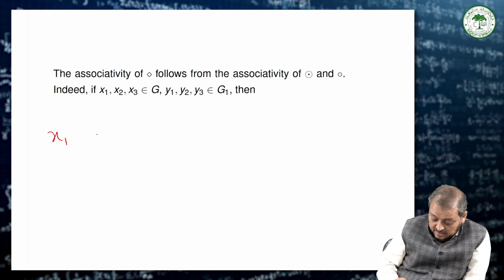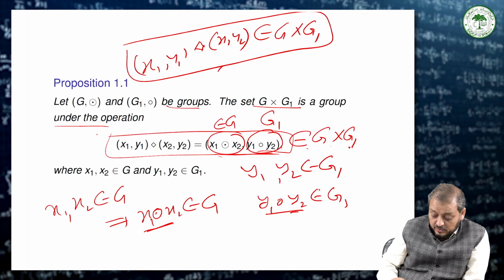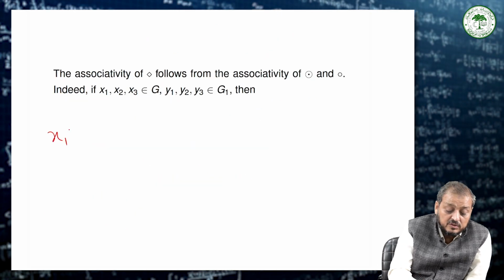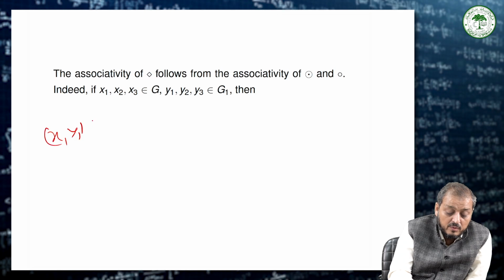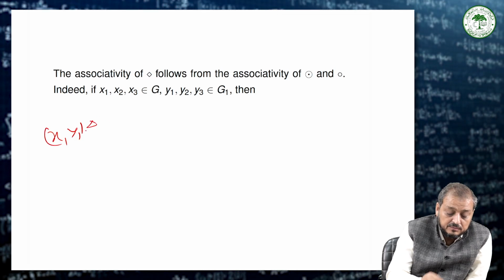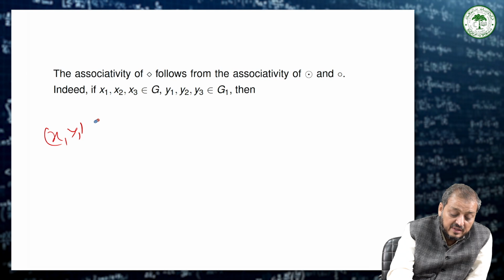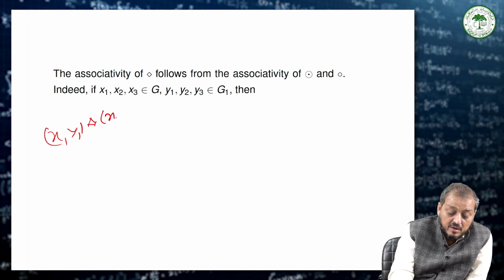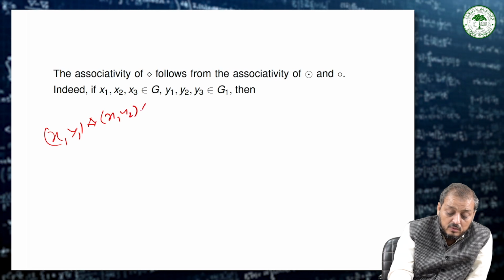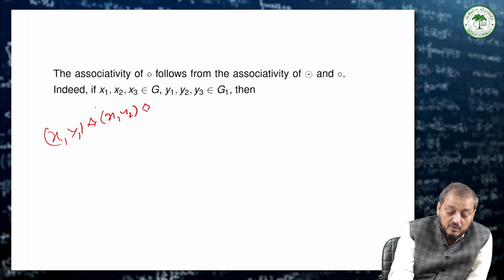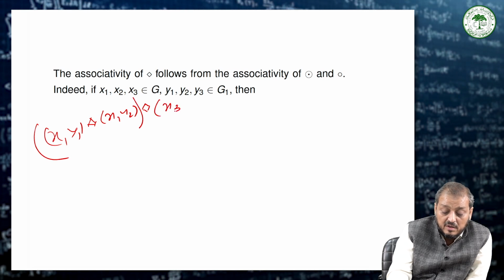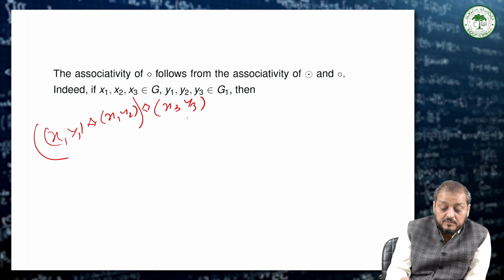If associative, you have to take x1, and we have to define it in this form. You just check x1 y1, then take the diamond of x2 y2, and then the diamond of x3 y3.